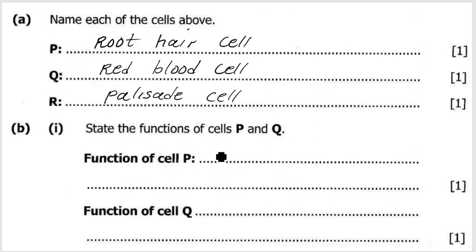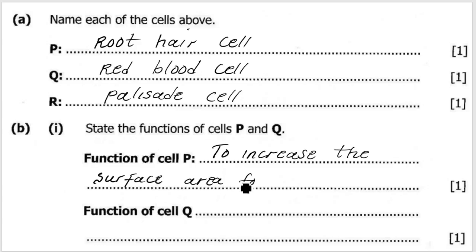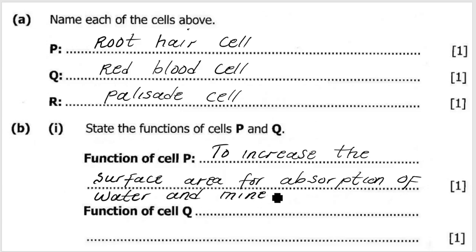So function of cell P, to increase the surface area for absorption of water and mineral salts.